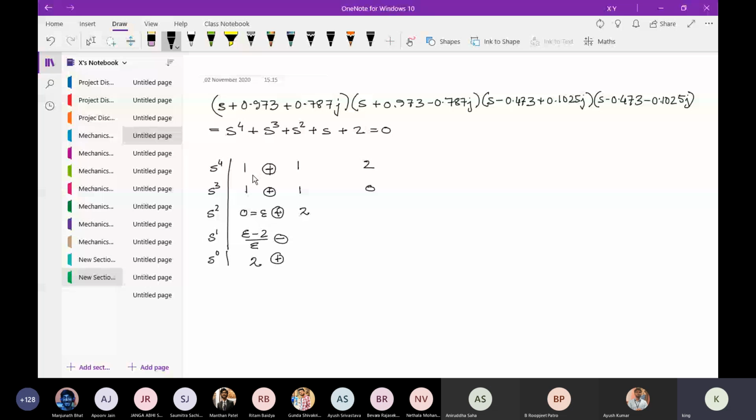If you take epsilon as negative, then what happens? Then this is negative. This will be, because this is negative, this will be positive, and this will be positive. So how many sign changes are there?